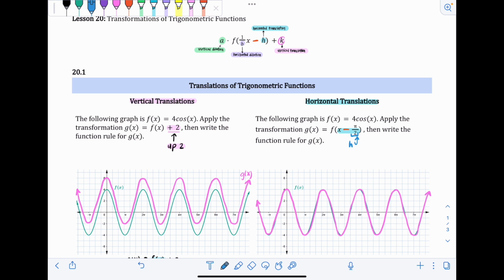So with h, it's always the opposite of what it looks like it should be in the transformation rule. Since we had a minus inside here, h is going to be positive. If we saw a plus inside there, h would be negative. Since h is positive, we'd be going to the right. So we're going to go pi over 2 to the right.